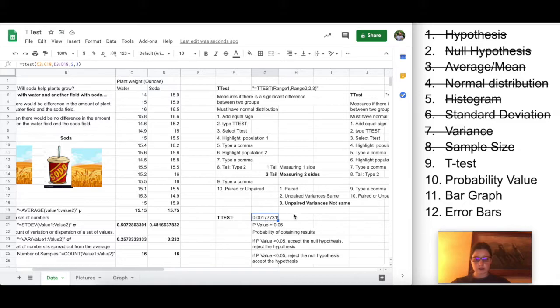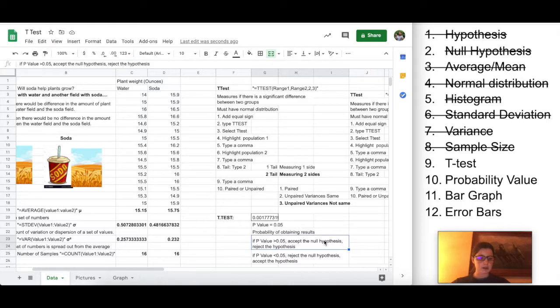Google Sheets returns, when you run a t-test, the p-value, or the probability value, which is the probability of obtaining the results. It's standard to compare the p-value to 0.05. So if the p-value is greater than 0.05, then you would accept the null hypothesis.